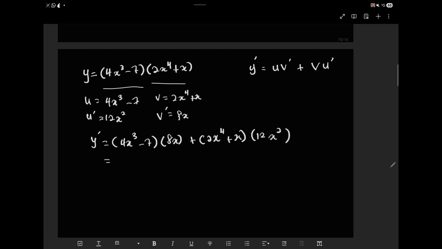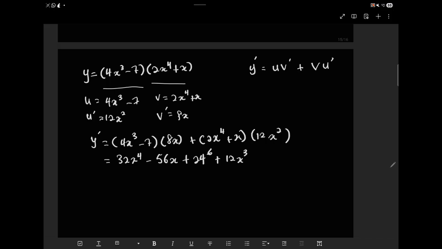So we are going to have 32x to the power of 4 minus 56x, and then plus 12 and 2, sorry, 24x to the power of 6, plus 12x to the power of 3.